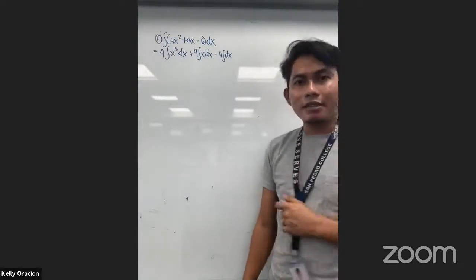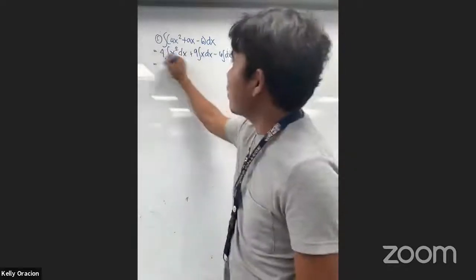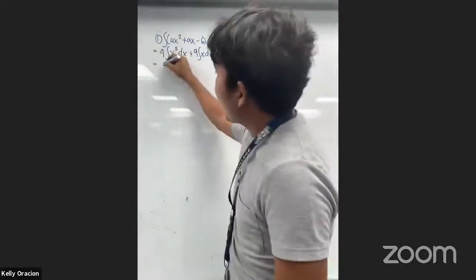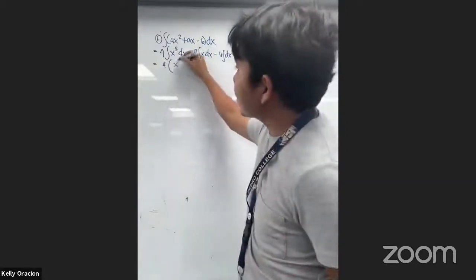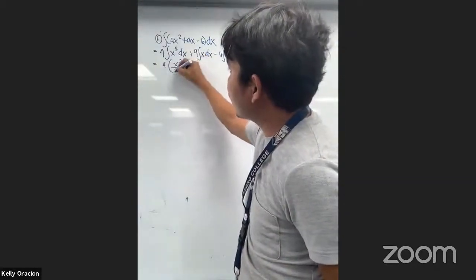Okay, next. So let's solve 4 times x squared. We have x to the 2 plus 1 over 2 plus 1.